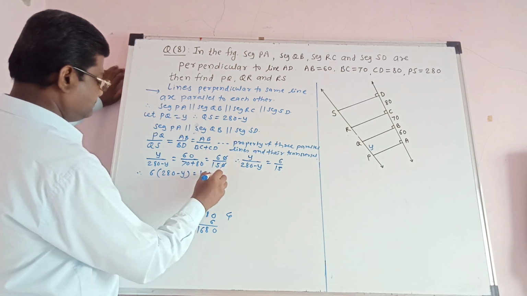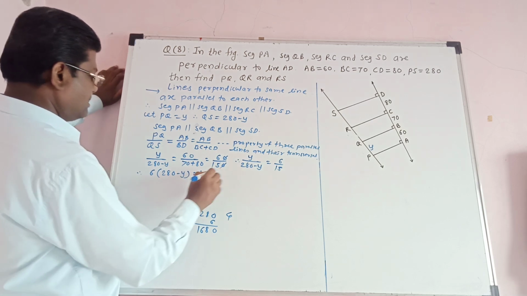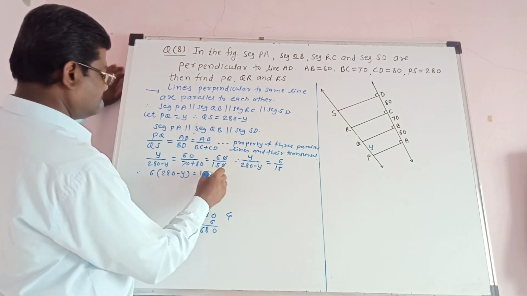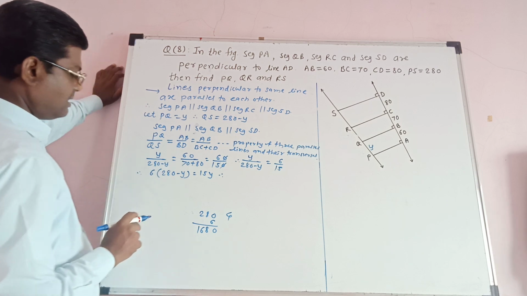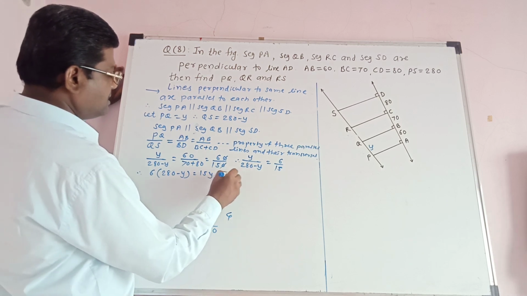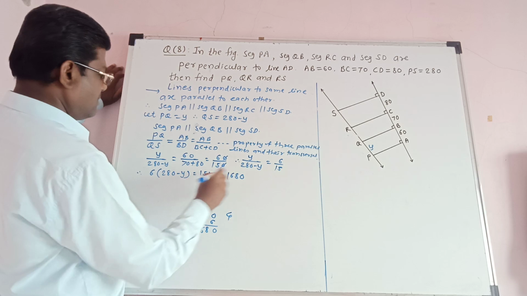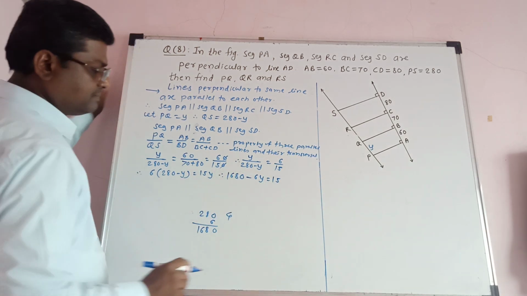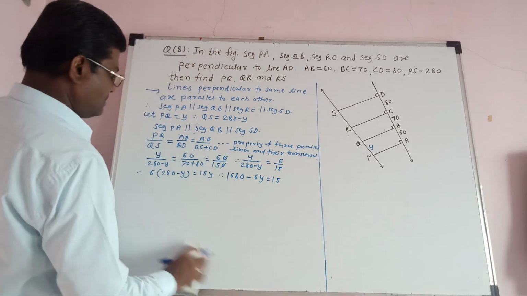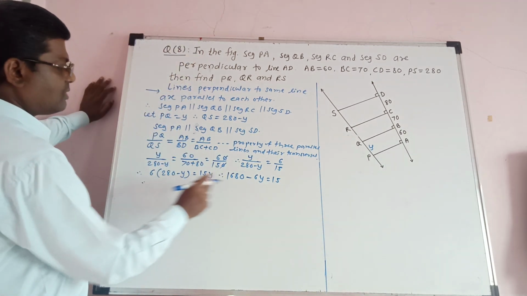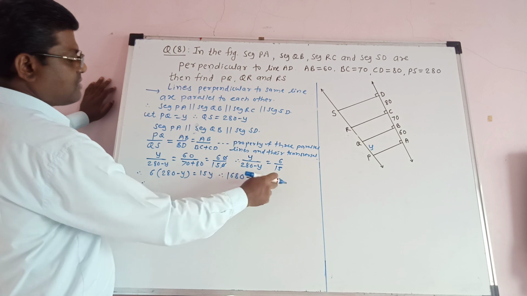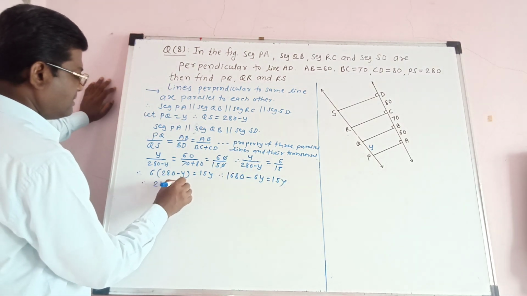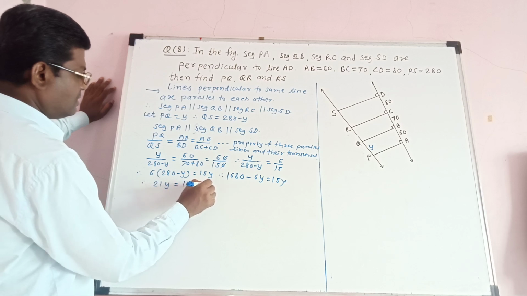Therefore we have 6 into 280 is 1680 minus 6y is equal to 15y. Therefore, 6y plus 15y, that is 21y, is equal to 1680.